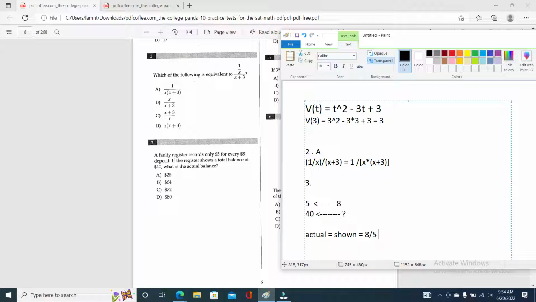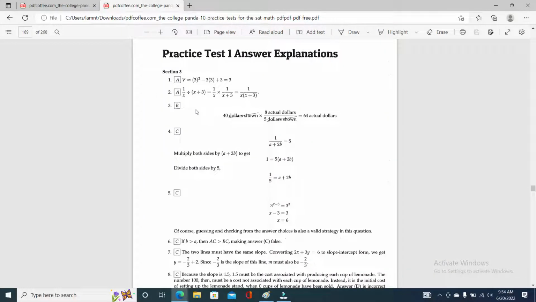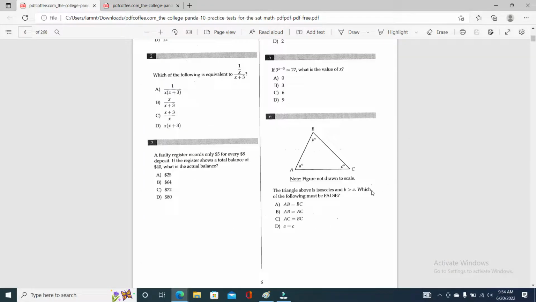So actual over shown is equal to question mark over 40, and you can easily find the question mark is equal to 64. So the answer is B. Okay, and it is B.